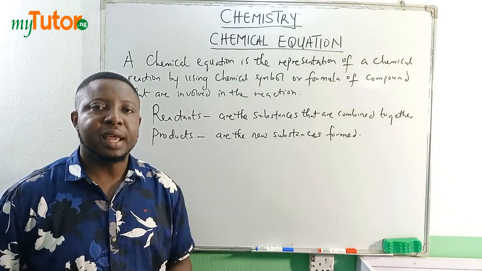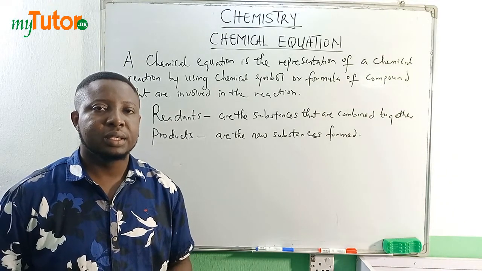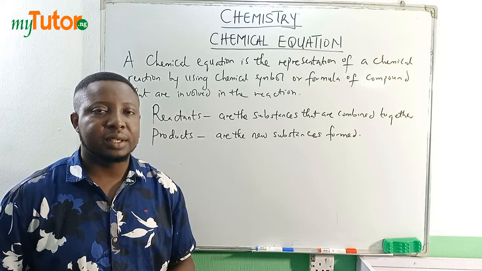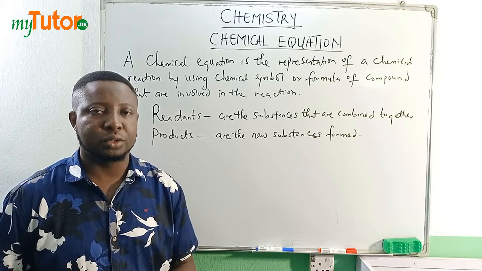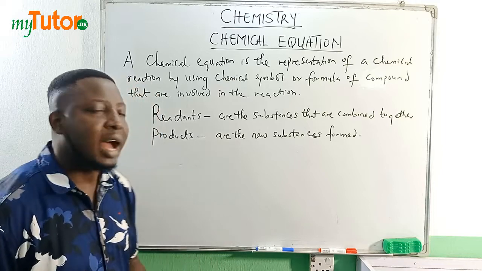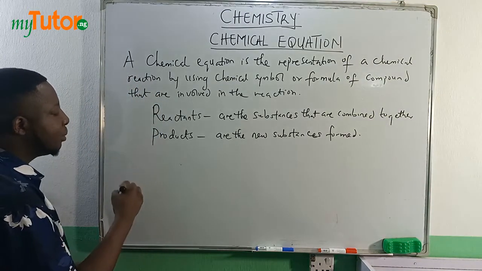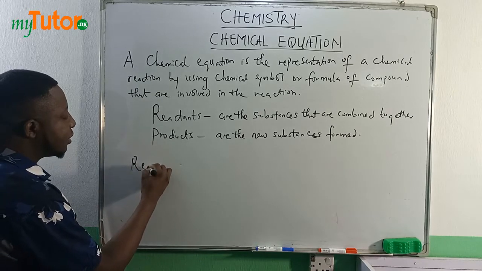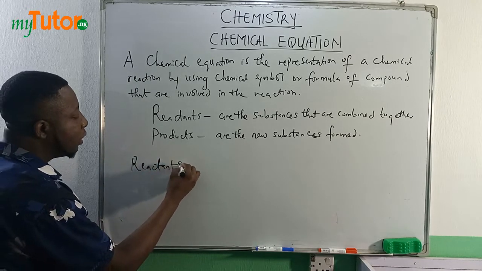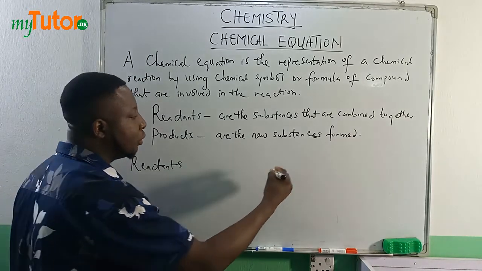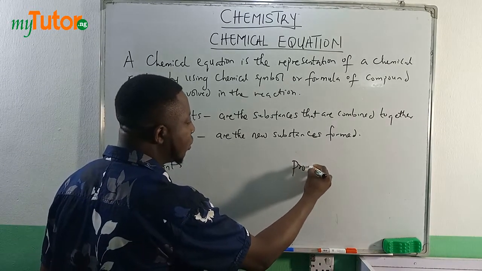So in writing a chemical equation, the two components must be represented, that is, the reactants and the products. The reactants are written on the left-hand side of the equation, while on the right-hand side of the equation is where we have our products.